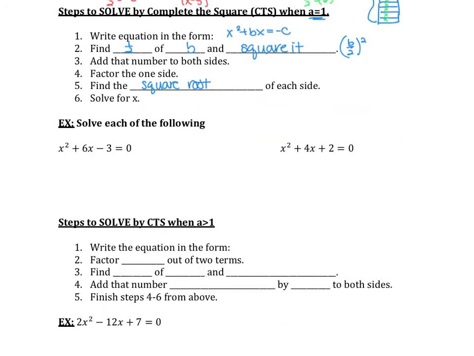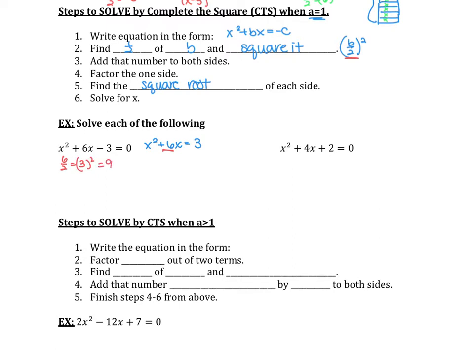Okay, so following the example above, I'm going to write the equation in the form of x squared plus bx equals negative c. So in our problem, it's going to be x squared plus 6x equals positive 3. Now I'm going to take the b value, which is 6, and do half of the b value, so b divided by 2, which is 3, and then I'm going to square it, which gives me 9.